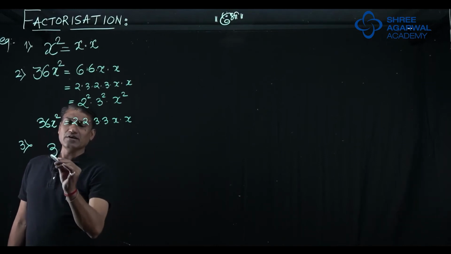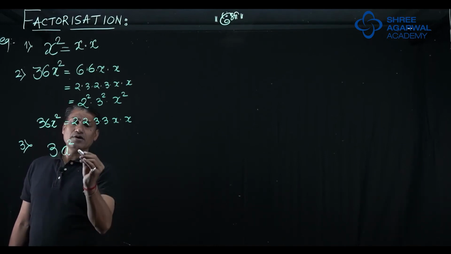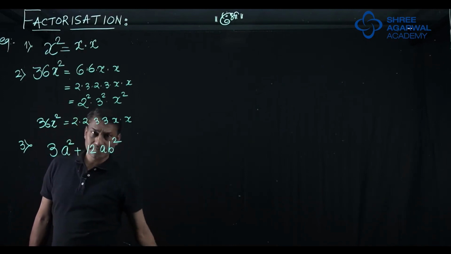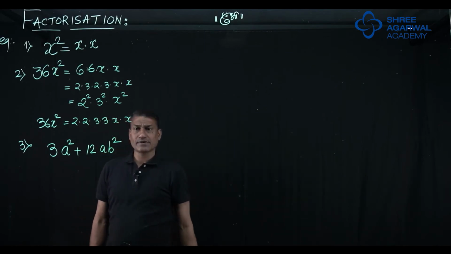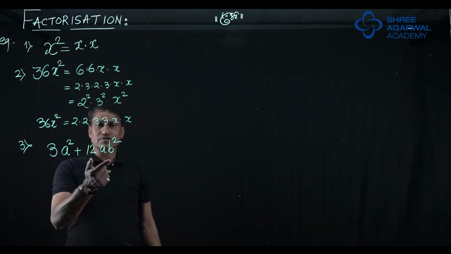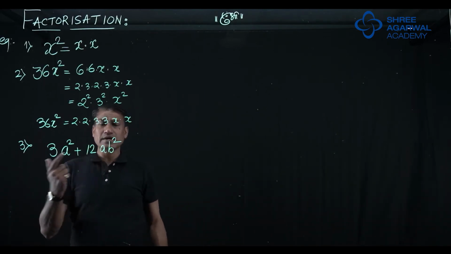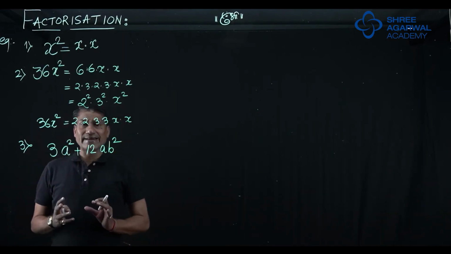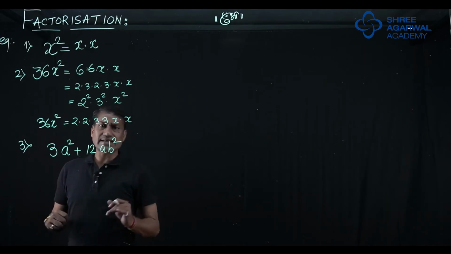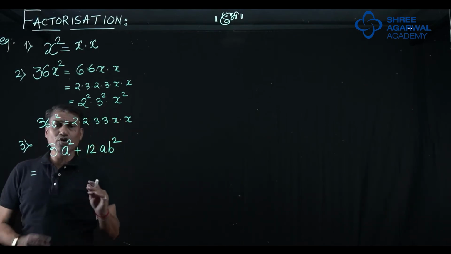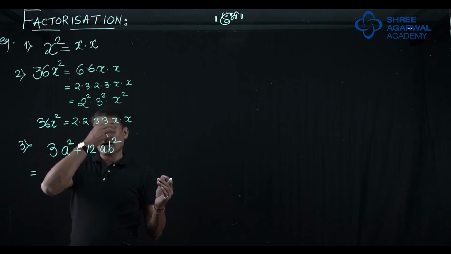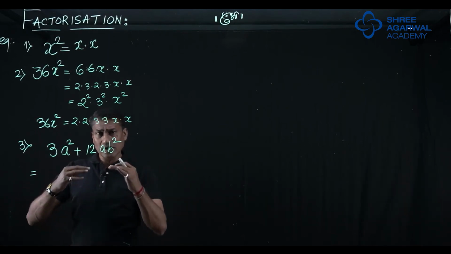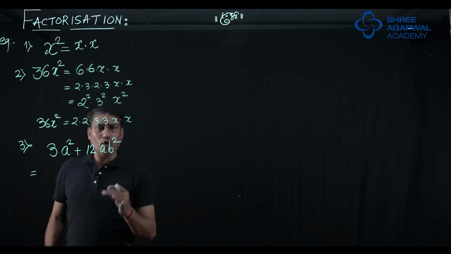I am taking 3a square plus 12ab square. Here there are two terms, first term and second term. It is a binomial. If you want to factorize, the process is like this. Of course, at higher levels you need not do all these steps, but because we are learning it, I am explaining all the steps to you.